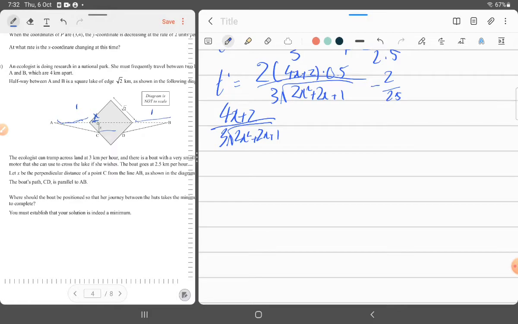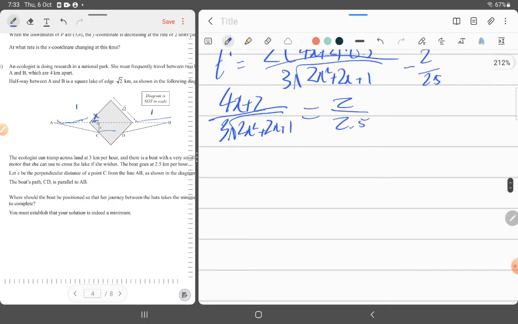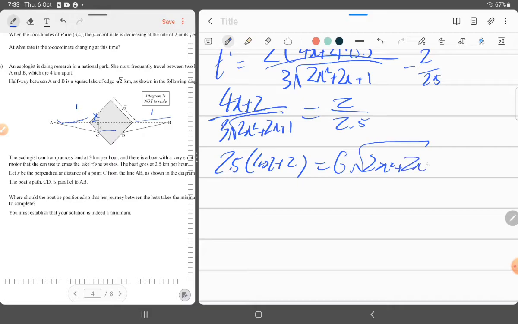So 4x plus 2 over the square root term is equal to 2.5, since we set t dash to 0. So 4x plus 2 is equal to 2.5 times the square root of 2x squared plus 2x plus 1.